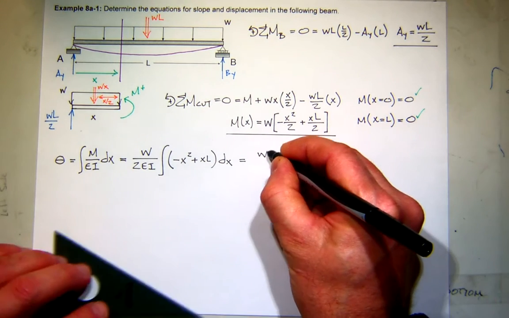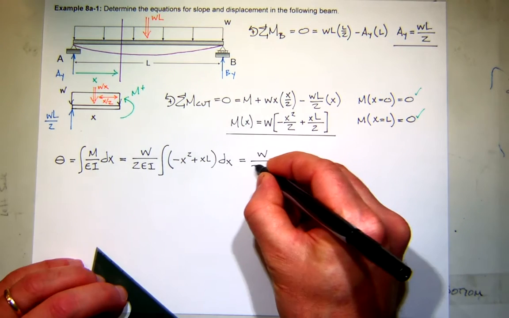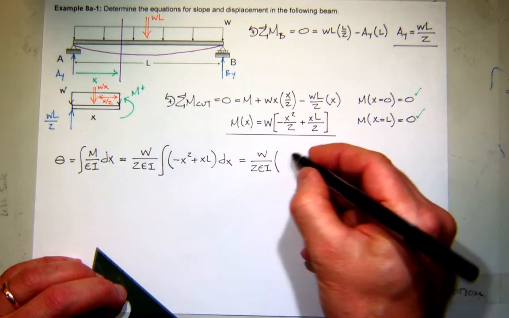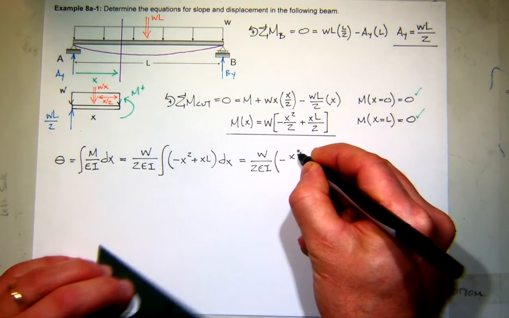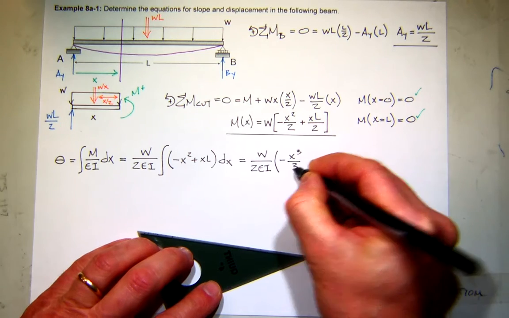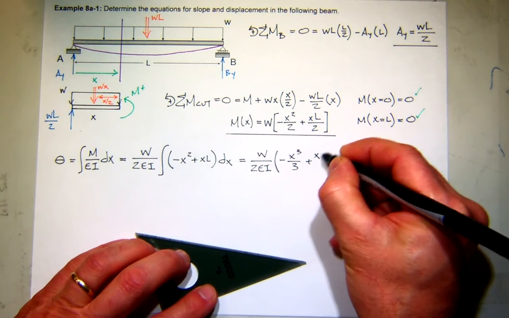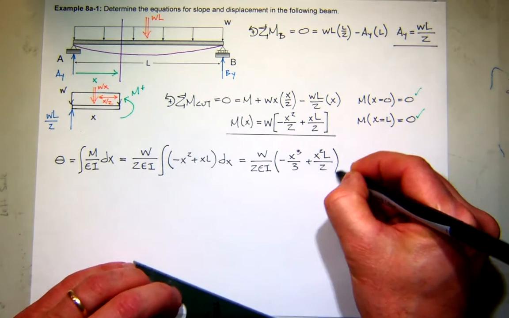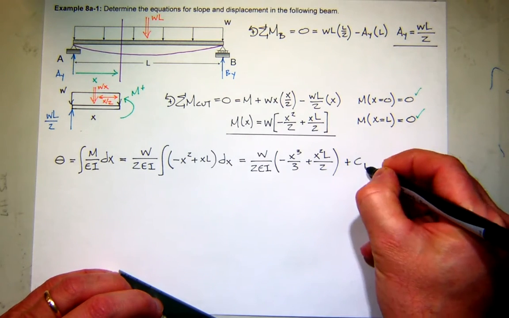Again, my constant stays the same. And what do I get? This becomes minus x cubed over 3 plus x squared L over 2, and I generate an integration constant.